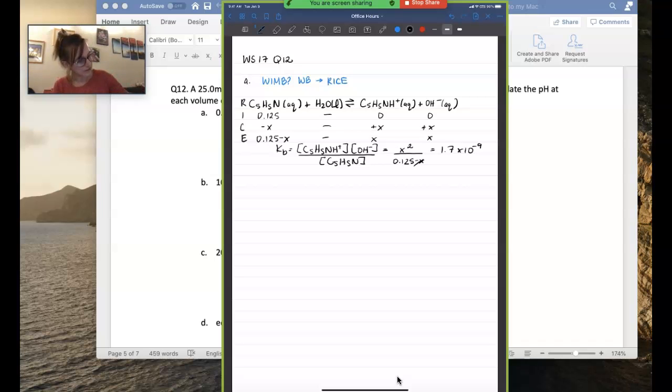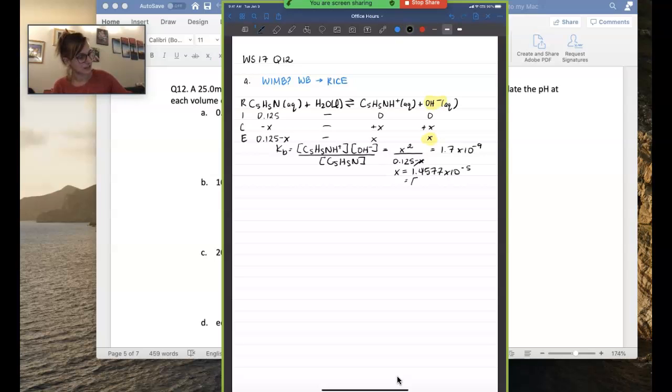And so when you solve for X, you should get 1.4577 times 10 to the negative 5th. Always ask yourself, what does that mean? What is X? X in this case, if you've predicted the reaction correctly, is the hydroxide ion concentration.